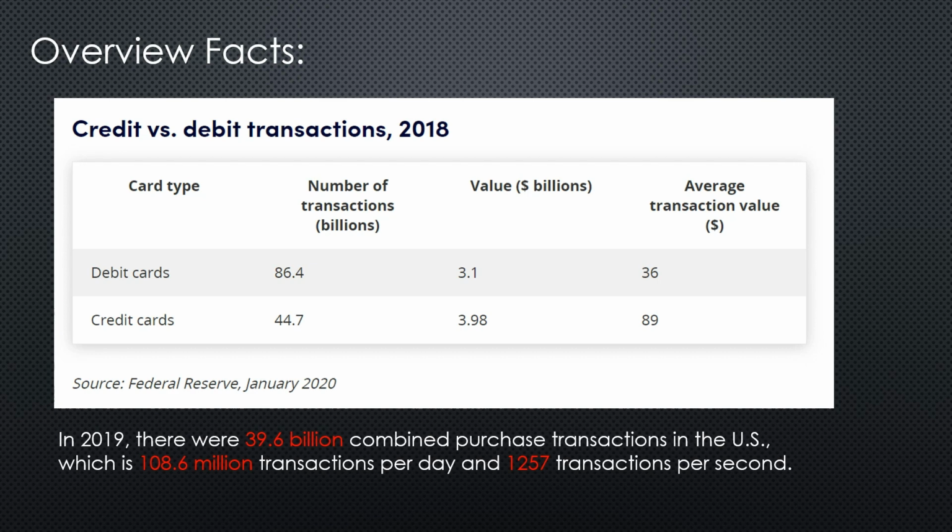From these numbers, we can do a simple calculation. It tells us that for online transactions, there are about 108 million transactions per day. That means 1,257 transactions per second. It requires the credit card company or bank to have a big database, with a much higher volume capability to deal with and store the purchases.